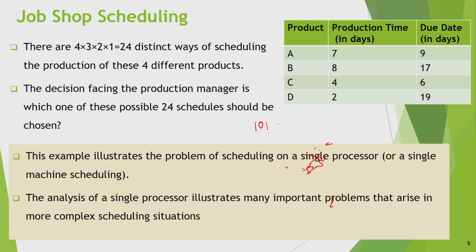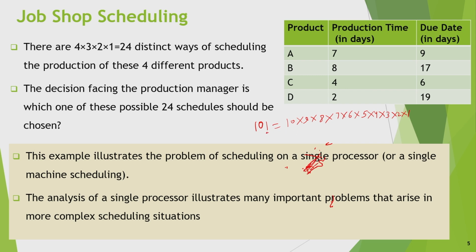You see how big this number is: 10 into 9 into 8 into 7 into 6 into 5 into 4 into 3 into 2 into 1. So you can see that this number can be huge.